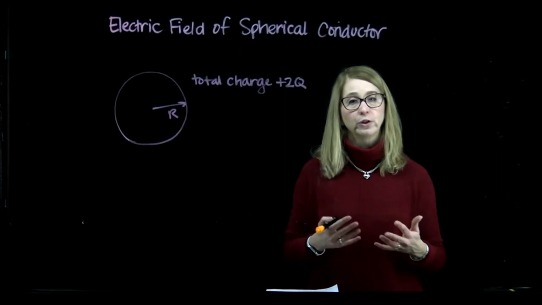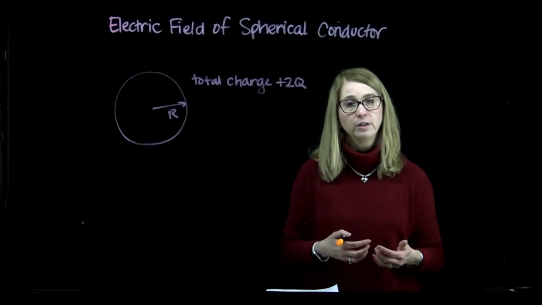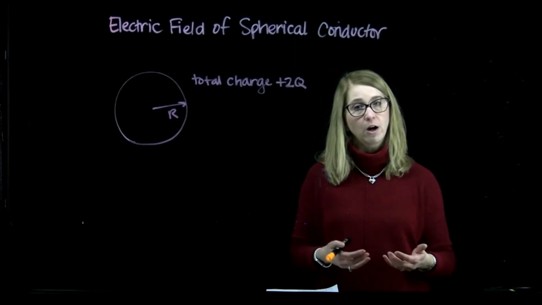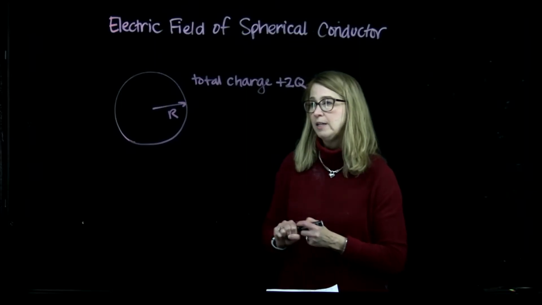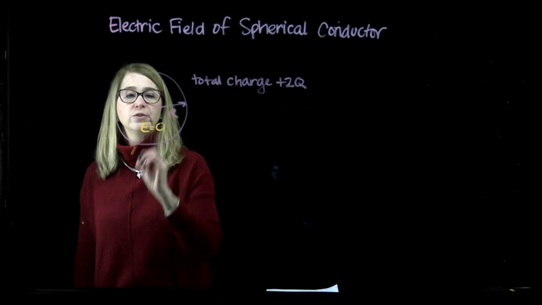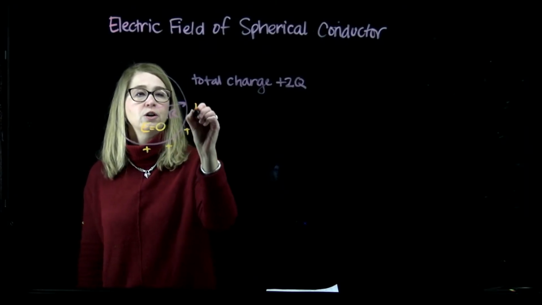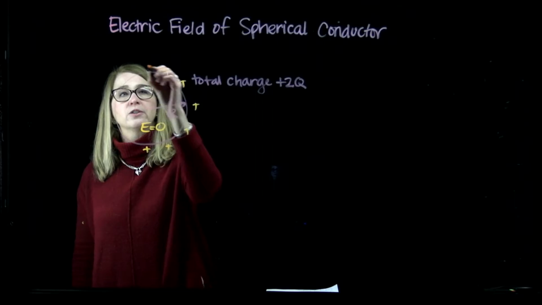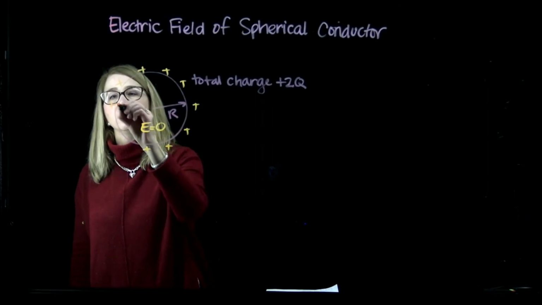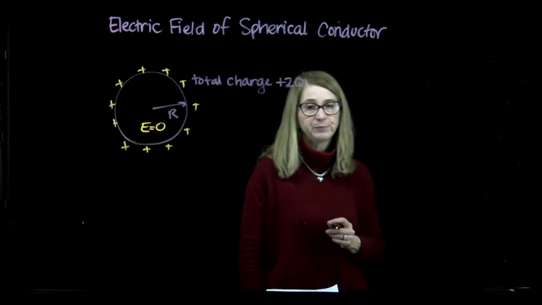Furthermore, we learned that the electric field within that conductor has to be equal to 0. So in this case, the electric field is 0, and the charge that this conductor has all sits on the surface of the conductor.